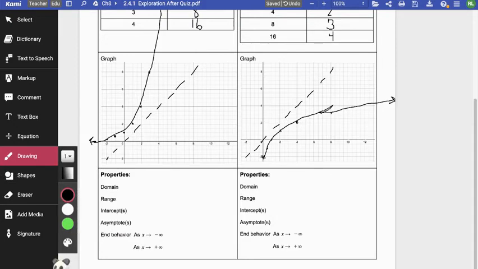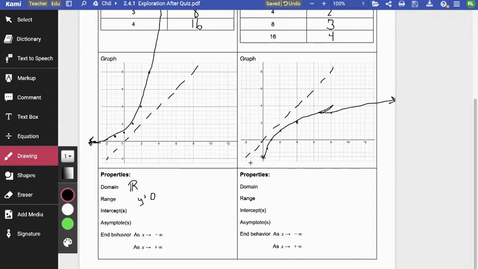And so, for example, if we're looking at our domain in this one here, what values are possible for x? Well, all of them, right? It'll continue on this way indefinitely. It will continue up and over indefinitely. But our range is y is greater than 0. Now let's take a look over here.